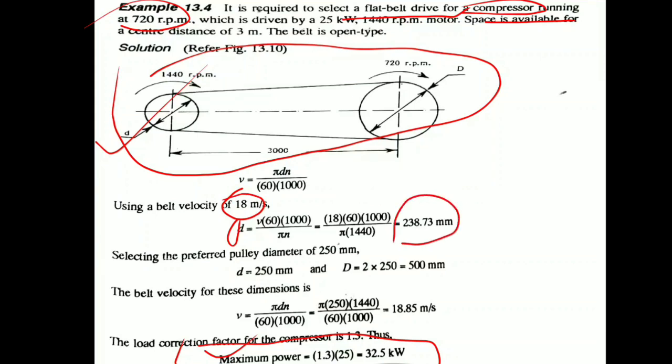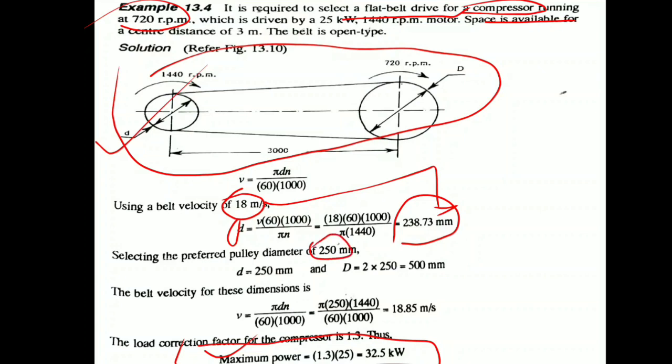So what does it indicate? Just listen. When the velocity is 18 meter per second, it gives you the value of 238. Clear? Now a 238 pulley diameter is not possible to generate. So that's why we'll have to take a round figure of 250 mm.